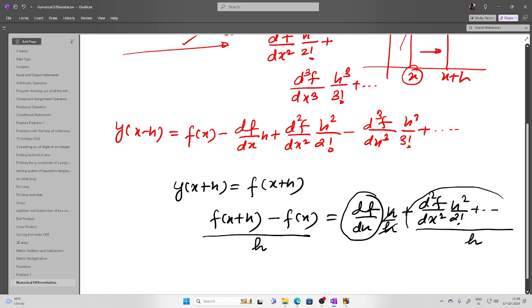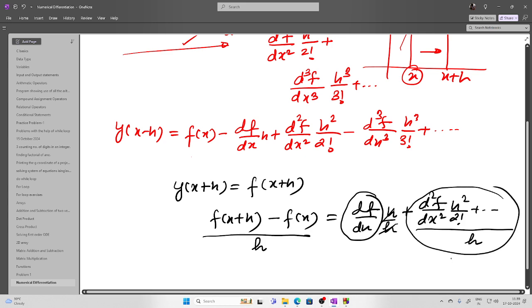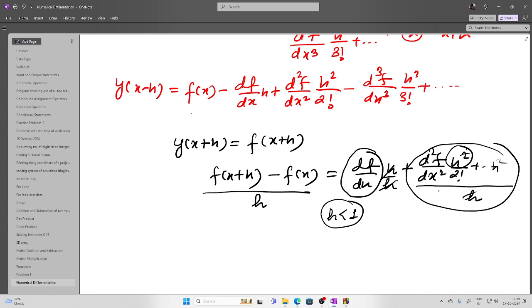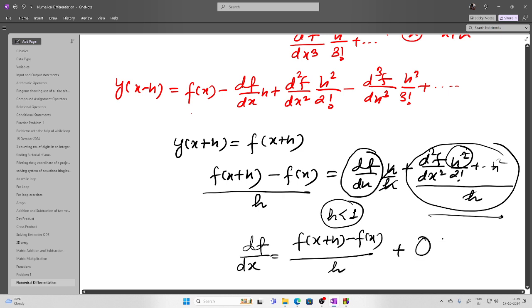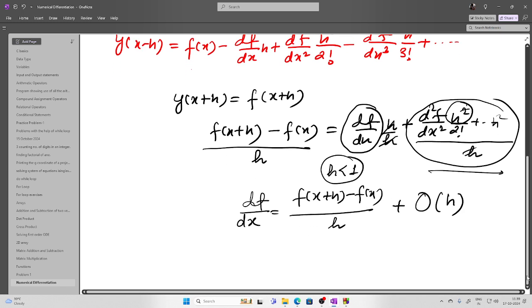The first remaining term will have h, because one h cancels out. The next term will have h square and so on. As h is less than 1, the highest order term is going to be h. So by truncating this part, we write df by dx as f(x plus h) minus f(x) divided by h, plus terms of order h. So the order of accuracy will be h.